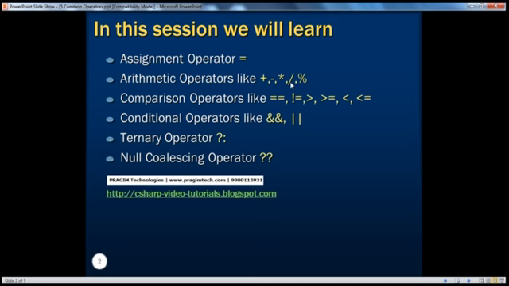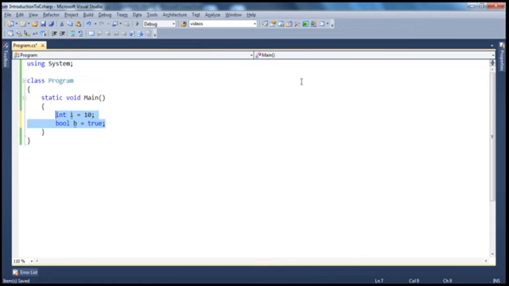One is the quotient and the other one is the remainder. So if I divide 10 by 2, I get the quotient as 5 and the remainder as 0. Depending on which operator you use, if you use forward slash, you get the quotient, which is 5 in our example. If you use percentage, you get the remainder, which is 0 in our case. So let's do a quick demo on that.